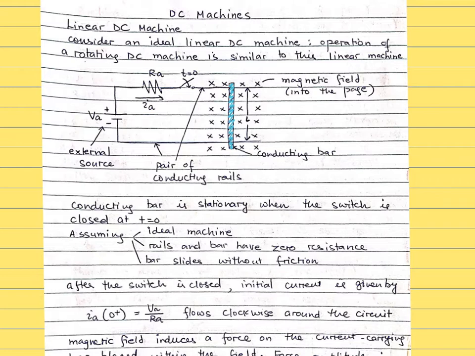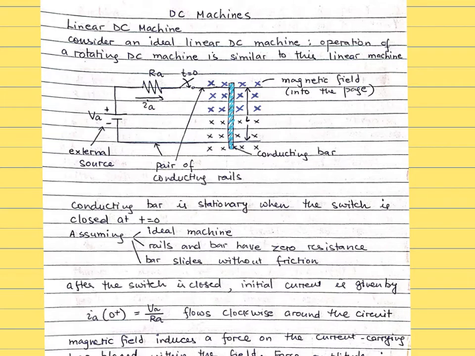And how we have this set up in here, you have a conducting bar that is stationary to begin with. You have a magnetic field existing in here. This magnetic field is present from an external source to produce that magnetic field. It could be a permanent magnet, it could be another electromagnet which has produced this field.